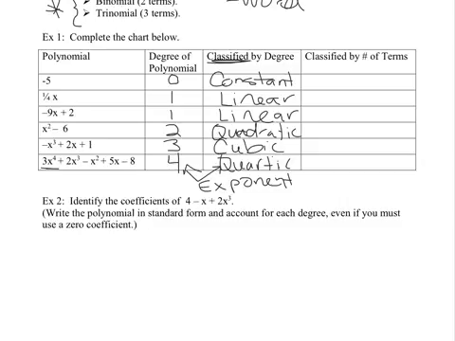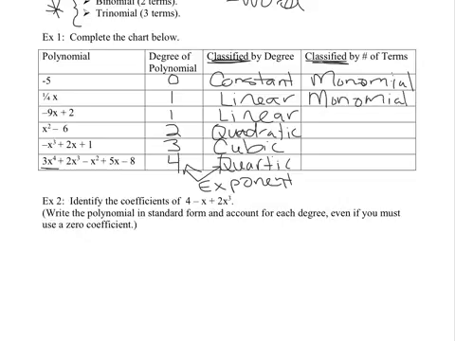If we classify by number of terms, it has really nothing to do with the exponents and everything to do with how many terms there are. And terms are separated by addition or subtraction. So this -5 is just one term, so it's a monomial. Because I'm saying classify, that means I want the word. 1/4 x just has one term, so again, monomial.